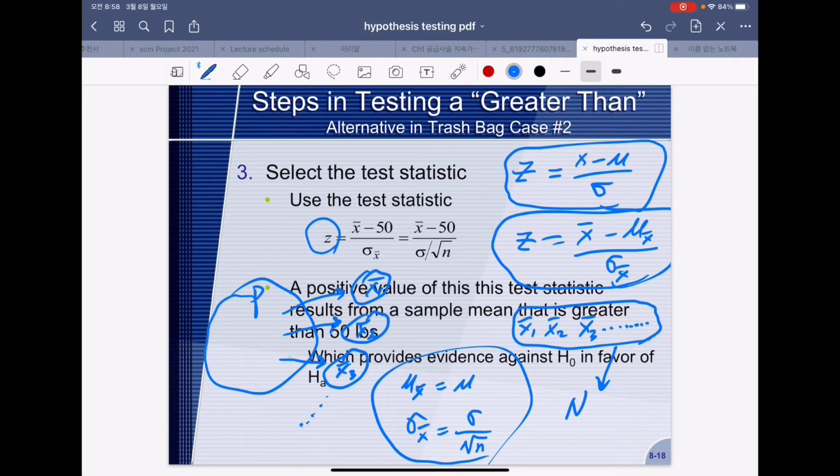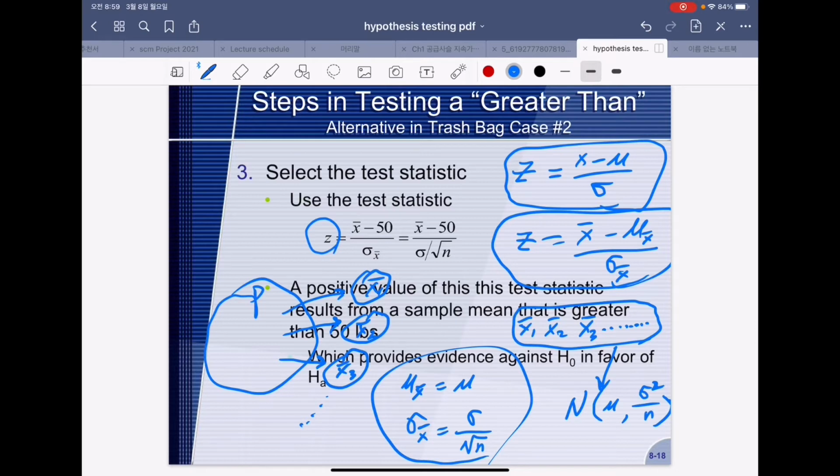It turns out that this one is normal with mean of mu and variance of sigma square over n. That's the central limit theorem.